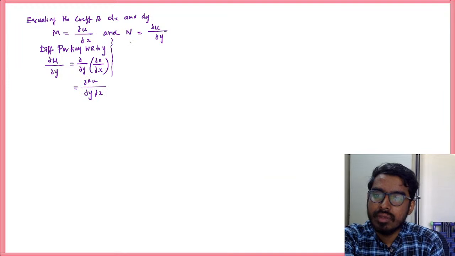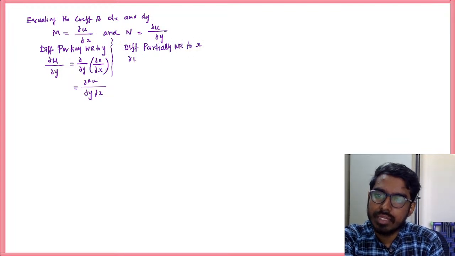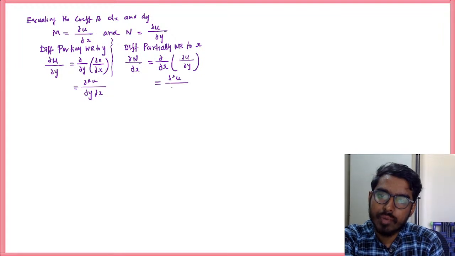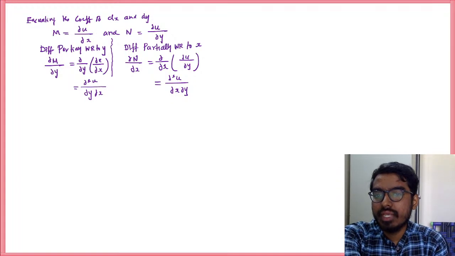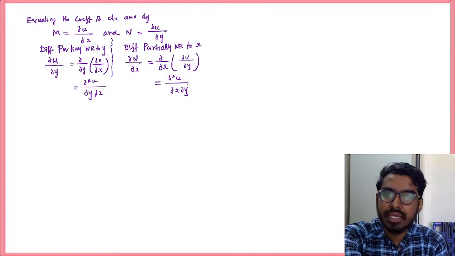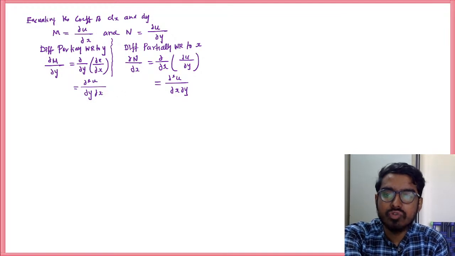And here differentiate partially with respect to x. That means dou N by dou x will be dou by dou x of dou u by dou y, which is dou square u by dou x dou y. Now you can see here we have dou square u by dou y dou x and here we have dou square u by dou x dou y. Remember these two are equal.